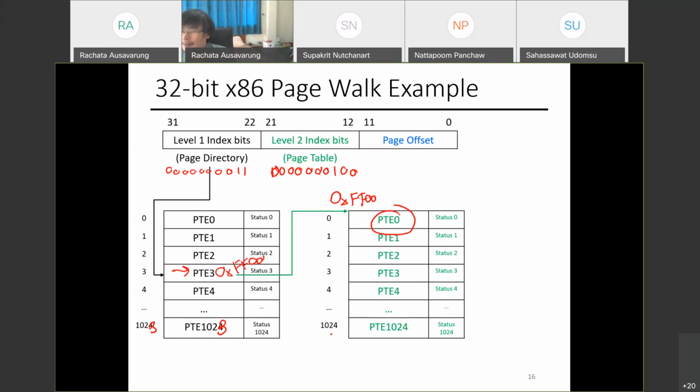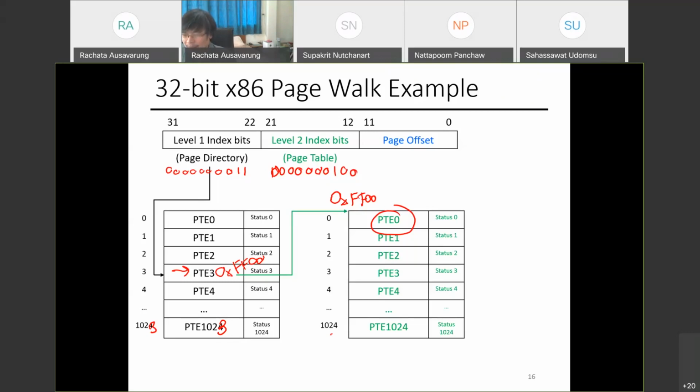What's 32 divided by 8? That's 4 bytes, right? Each one of these is 4 bytes. So PTE1 is at 0xFF04. PTE2 is at 0xFF08. PTE3 is at 0xFF0C, right? 10, maybe.